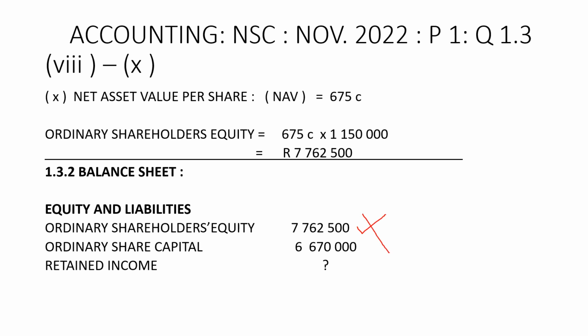So that's the reason why they gave us adjustment number 10 and they give us the net asset value per share. So in order to calculate the ordinary shareholders' equity, we need to take the net asset value per share, multiply it by the number of shares at the end of the year, and that should give us the figure that is required for the balance sheet, which is 762,500.